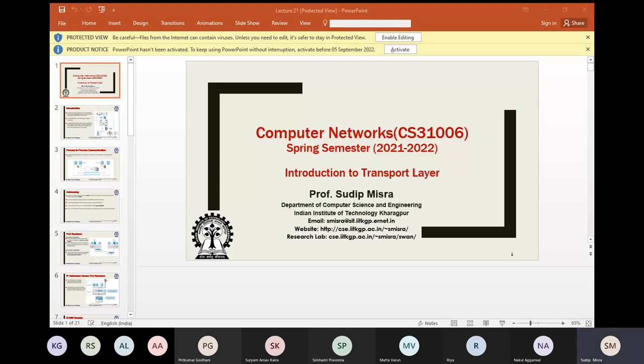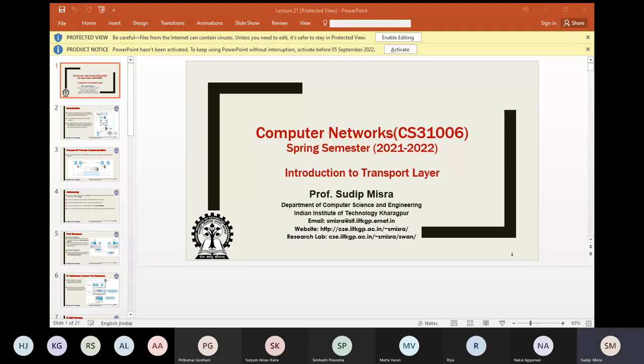This is also sometimes called process to process communication. Is this clear? So ultimately we have the packet that was sent by the host. It has arrived at host B, right? But what is host B?